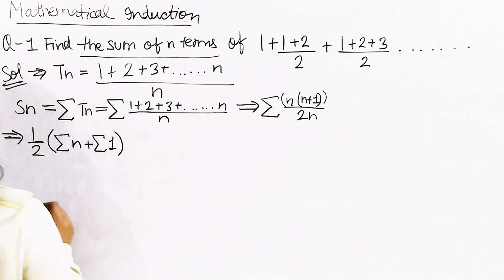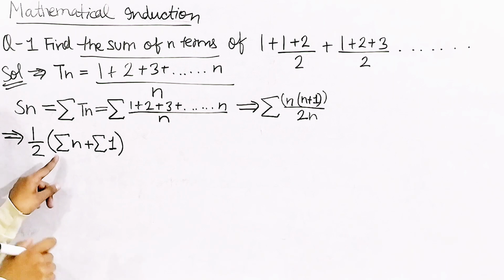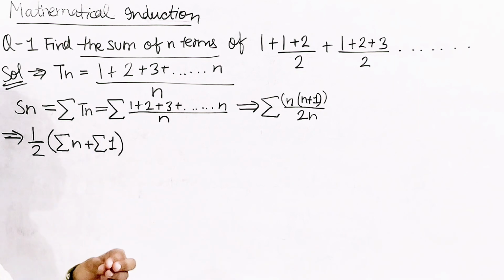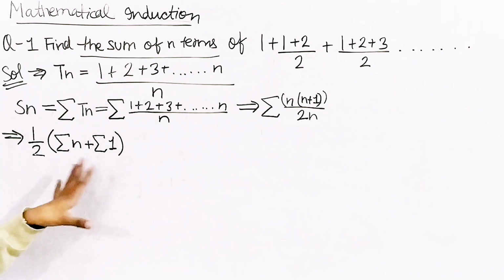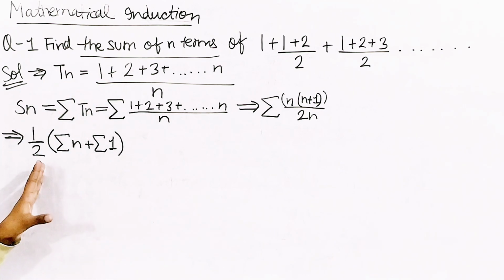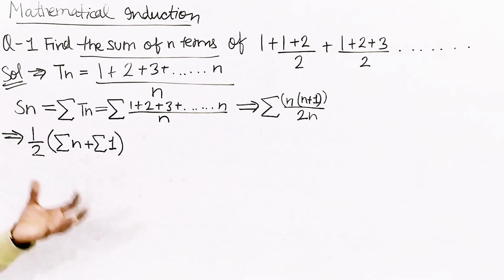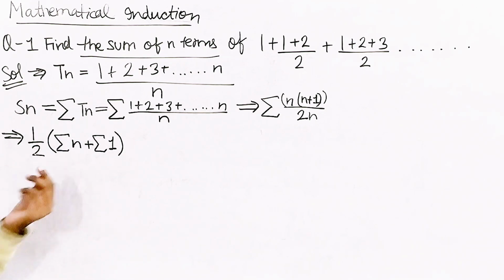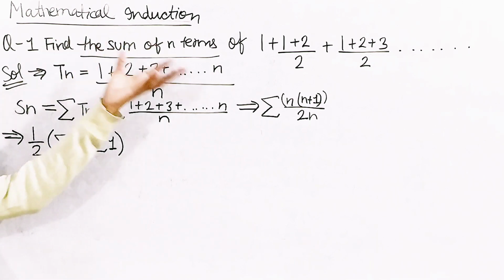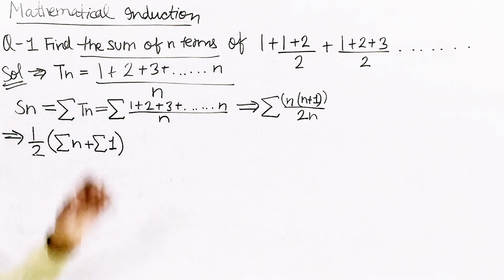Got it? So 1 upon 2, and in the bracket we have sigma n plus sigma 1. So what is all this? As we have to find the sum of n terms, and we didn't know what the sum of n terms will be, for that we're using sigma. It's the easiest way to find the sum of these kinds of terms. Got it? So let's continue.